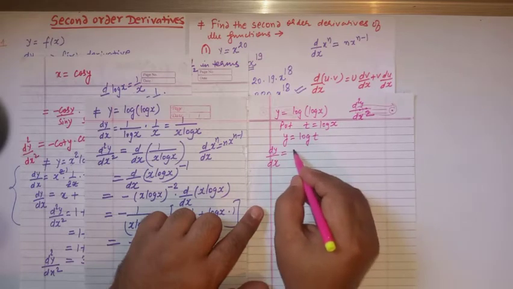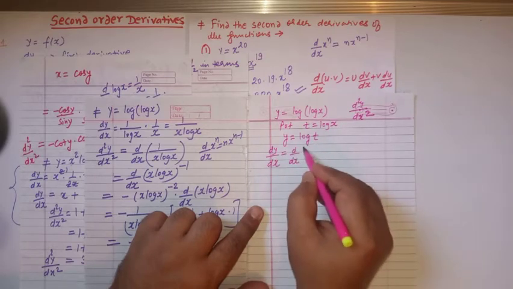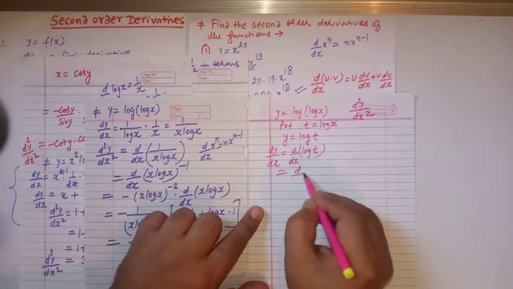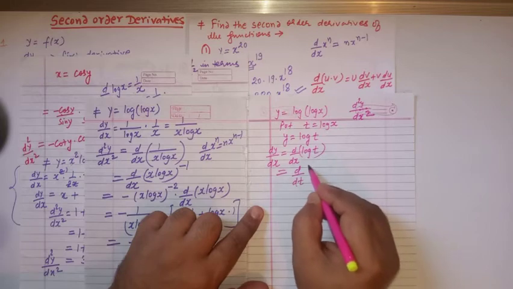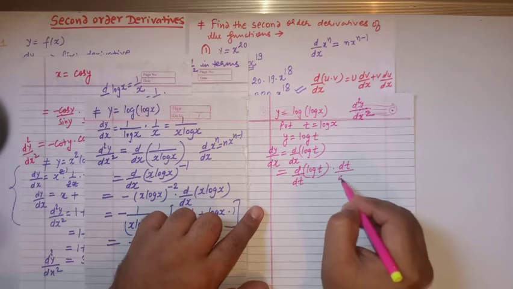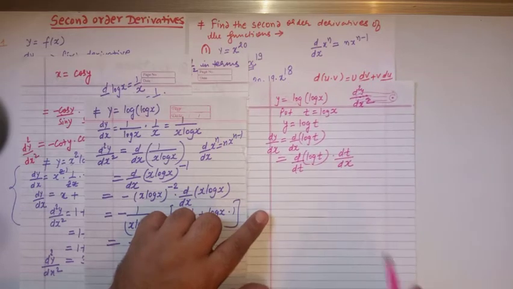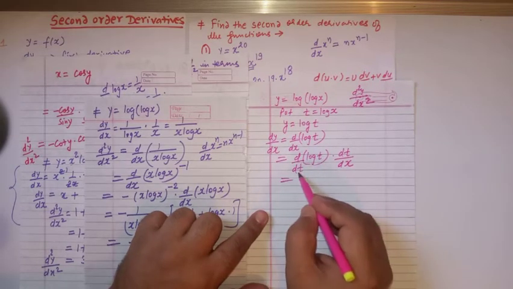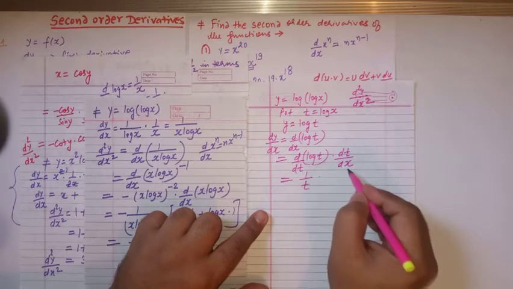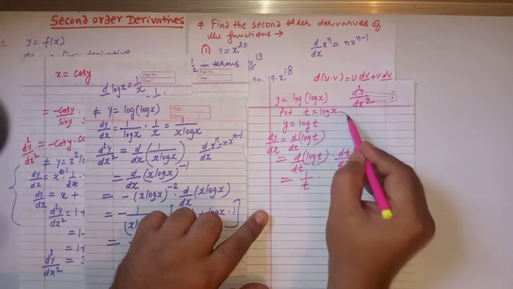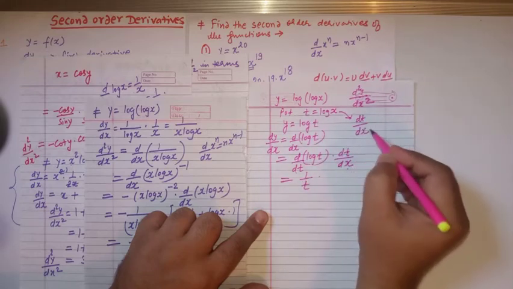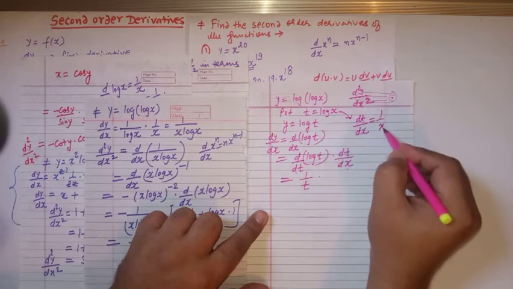So we'll find d over dx of log t. Then by chain rule we write d by dt of log t, and then we have dt over dx, right? So the derivative of log t with respect to t is 1 over t, and dt over dx can be calculated from here. So dt over dx is 1 over x.